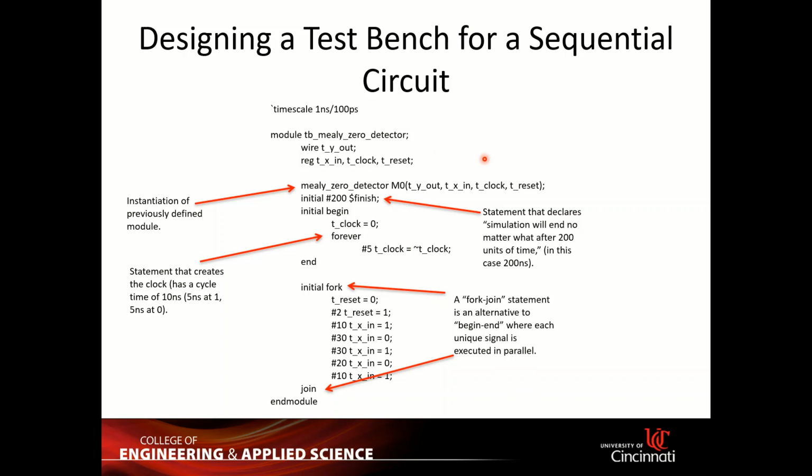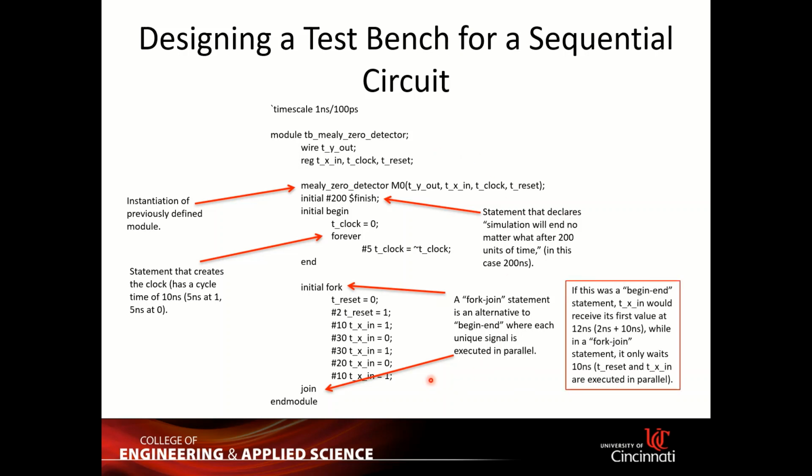So this is how you make a test bench. If it was a begin end statement, the TXin would receive the first value at 12 nanoseconds, so it's like 2 plus 10 nanoseconds, while in the fork join statement it only waits for 10 nanoseconds.